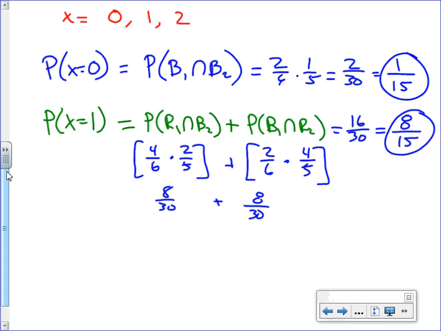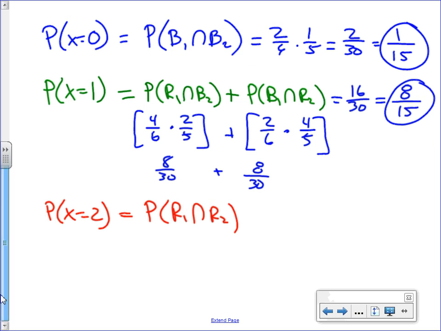Last but not least, the probability that x is 2. So both reds. You look at probability of red 1 and red 2, which is 4 out of 6 times 3 out of 5. 12 out of 30, which I'm just going to divide by 2. 6 out of 15.